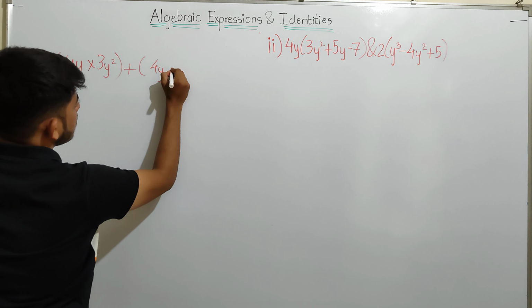Minus symbol as it is, take a bracket, 4y into 7.